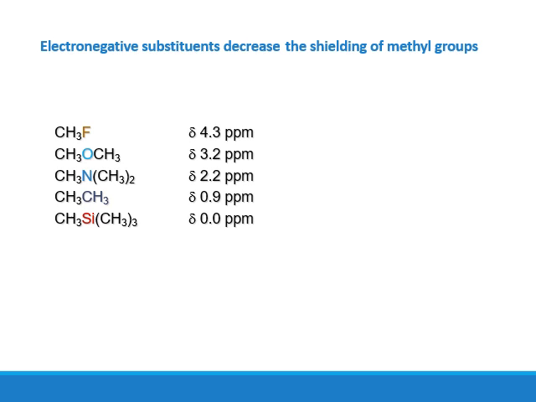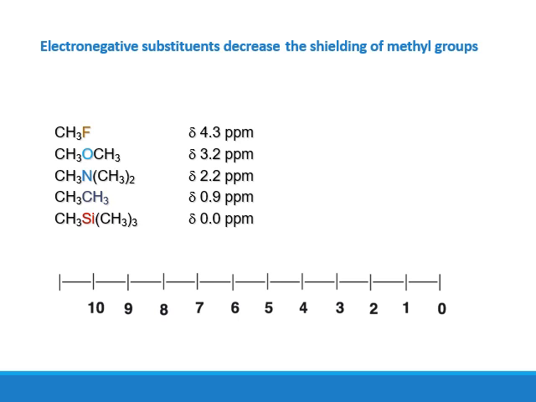About the shielding, for example, when we have an electronegative atom in our structure, the shielding will be less, and so the chemical shift will be higher. For example, when we have a fluorine atom, which is a strongly electronegative atom, the shielding will be less, and so the chemical shift will be higher.